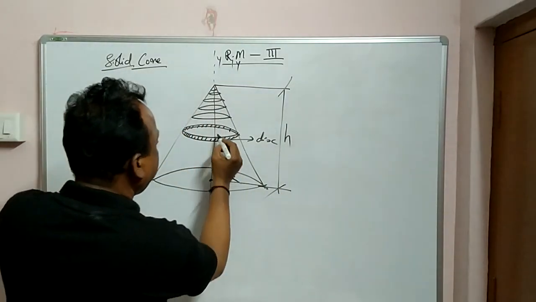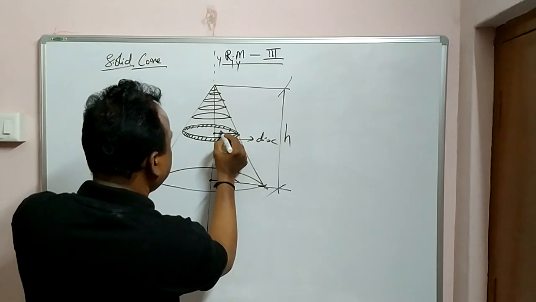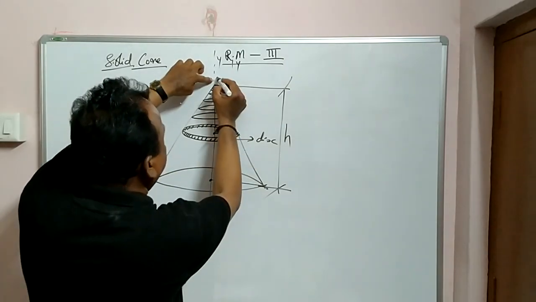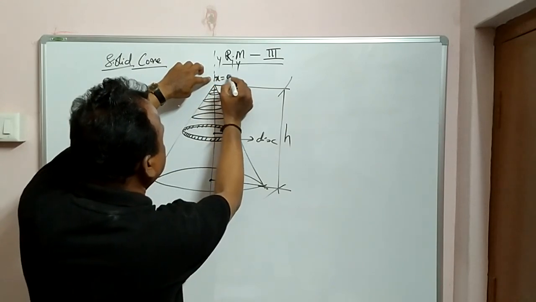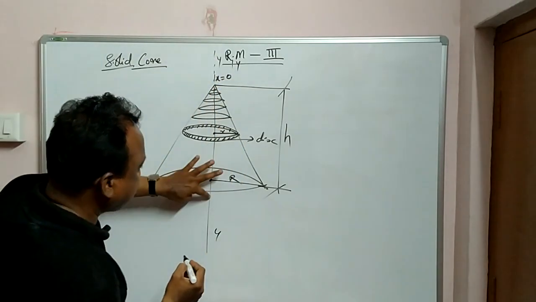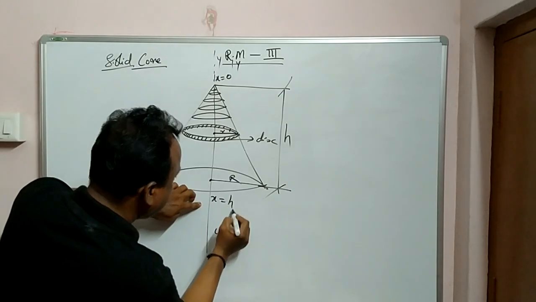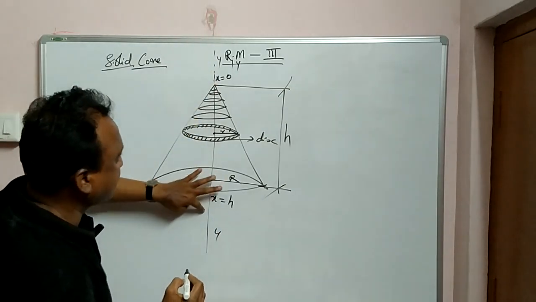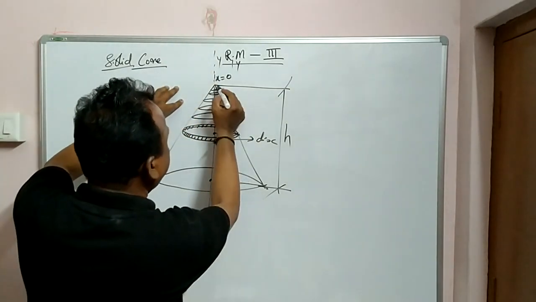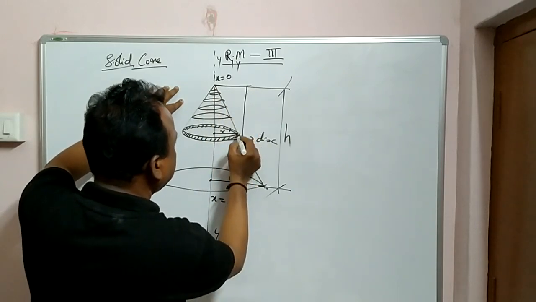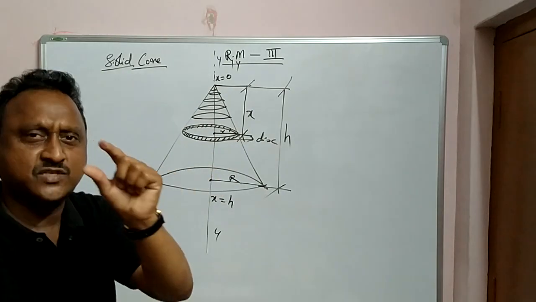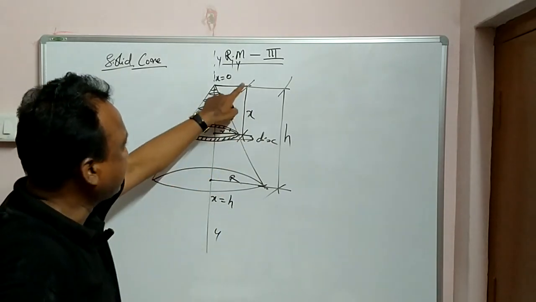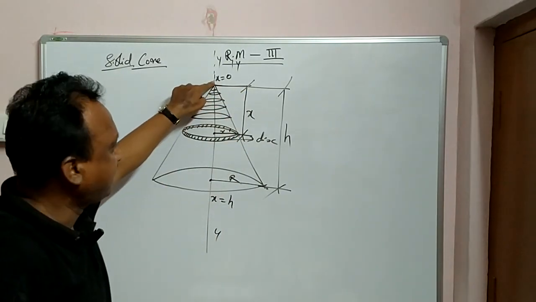Suppose this is capital R and this is small r, and here x is equal to 0, from x is equal to 0 to x is equal to h. For example, you can see a small point here. Let this distance be x. Let us consider a small solid disc at a distance x from the top point.